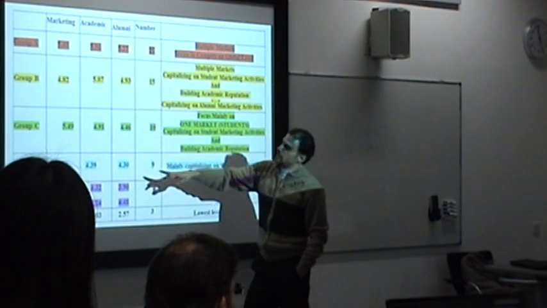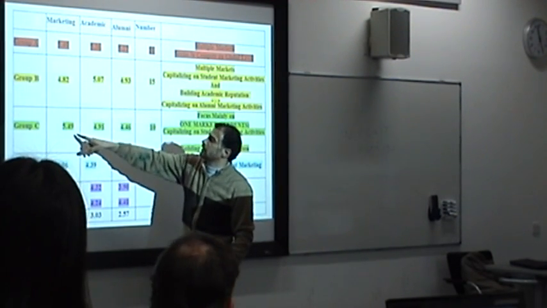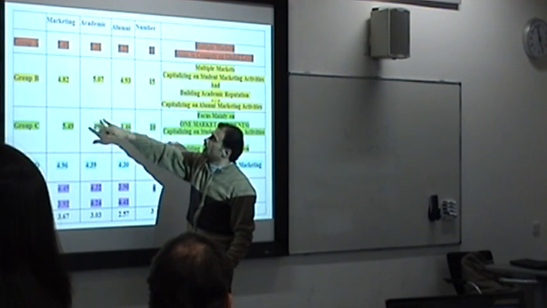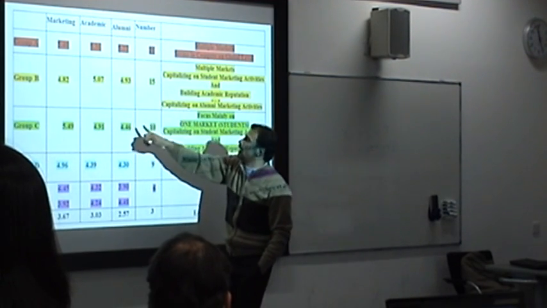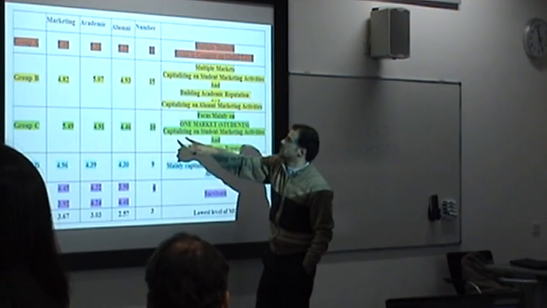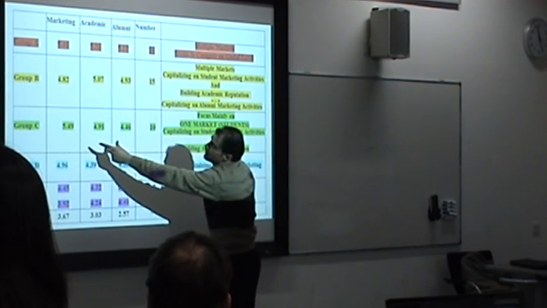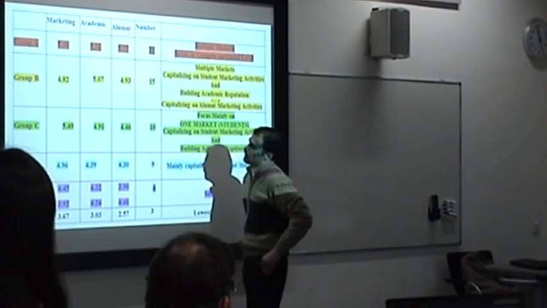Now, we have a Group C, which shows a very high level of market orientation from marketing department, still high from academic, but low on alumni, and these are 10 universities. And basically these seem to be focused mainly on student market rather than on alumni market.